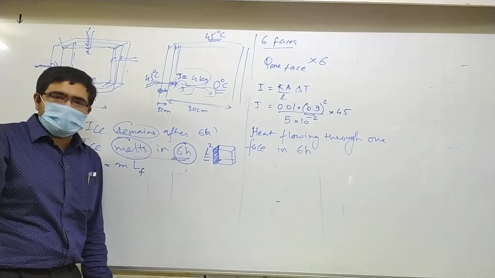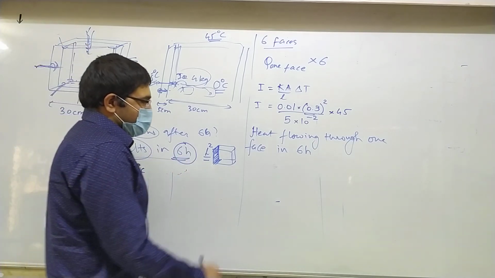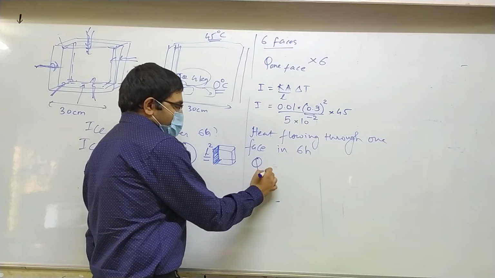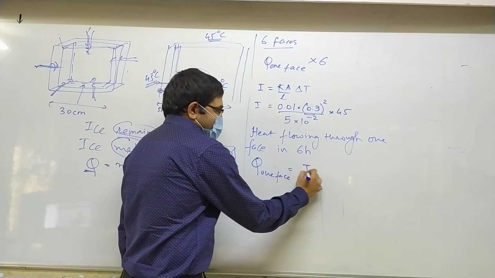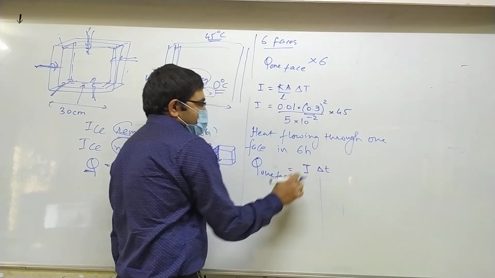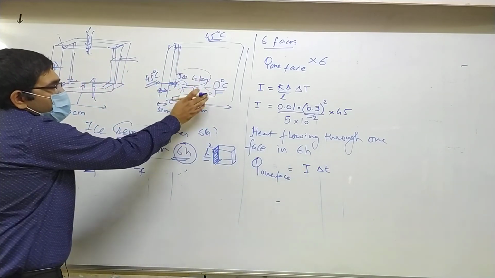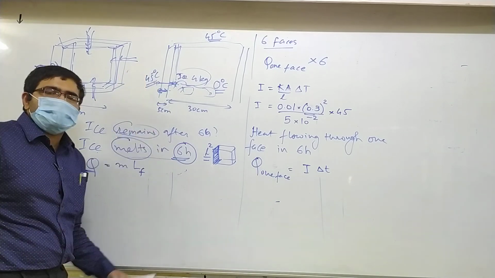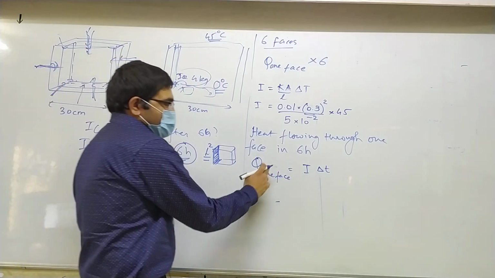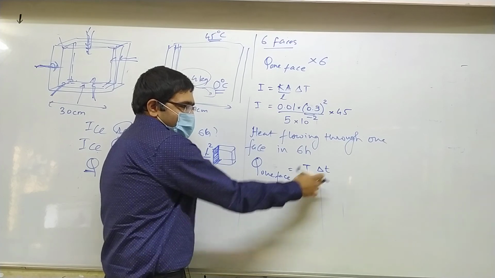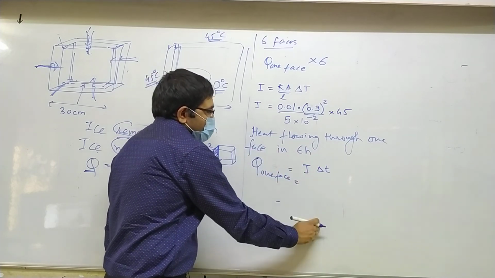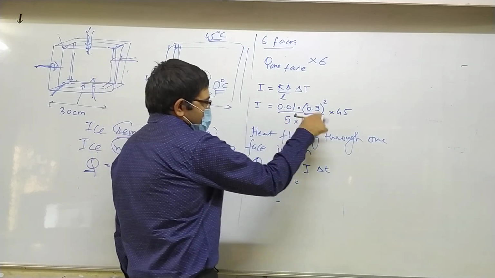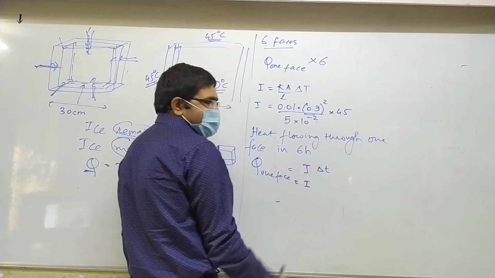So Q for one face is equal to I into delta t. Again we are using the steady state idea: the outside temperature is constant, so steady state. So I equals Q by delta t, so Q equals I delta t. I'm going to leave I like that.